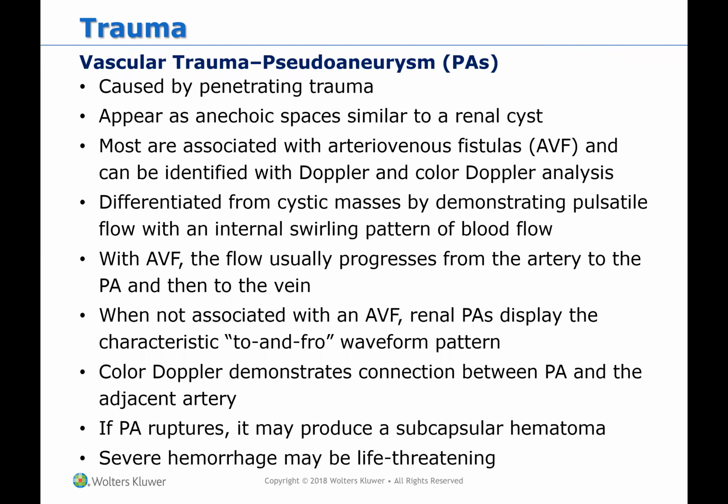Pseudoaneurysms are usually caused by penetrating trauma like a gun or a knife. They appear as anechoic spaces similar to renal cysts, but most are associated with an arteriovenous fistula and can be identified with Doppler or color Doppler.